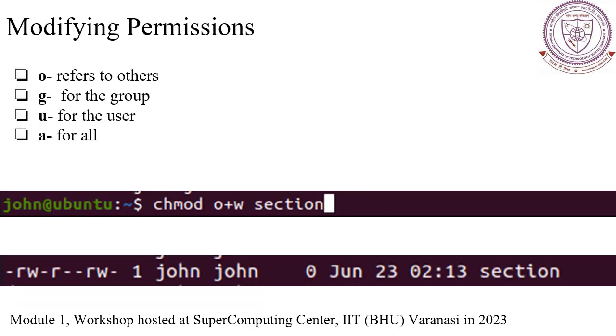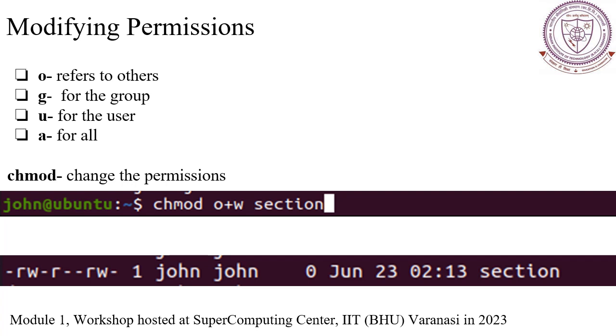Now see, if you want to modify any file permission, what can you do? It can be done with the chmod command. The chmod command is used to change the file permissions for a file or a directory. The file permissions control who can read, write, and execute the file or directory.